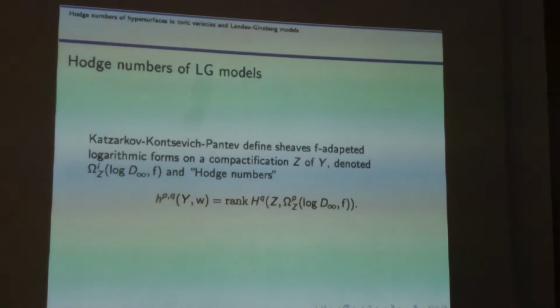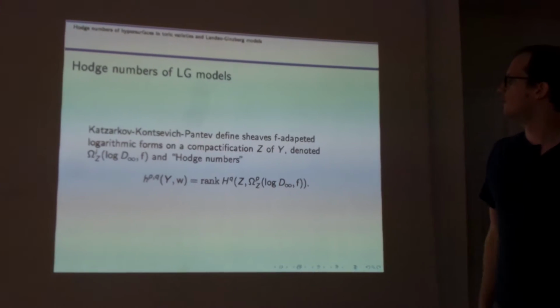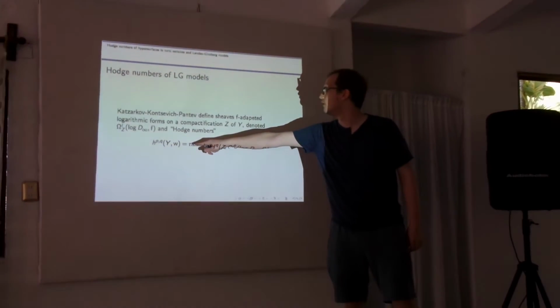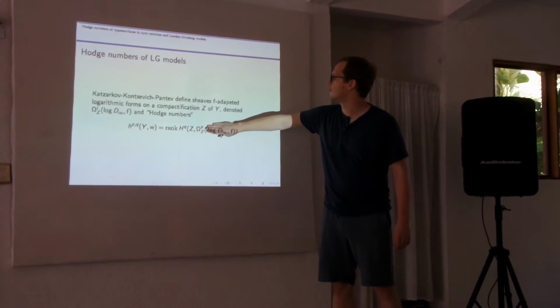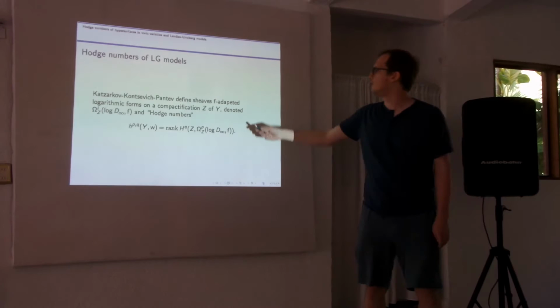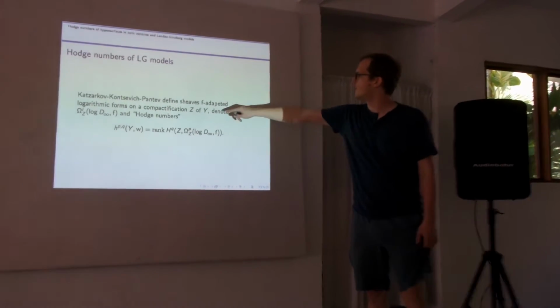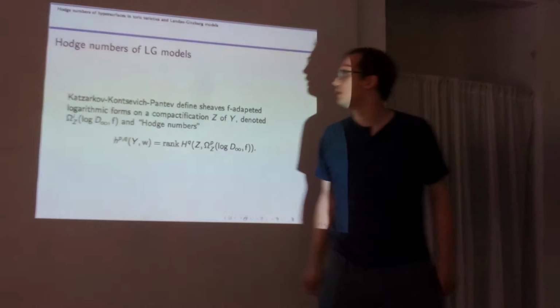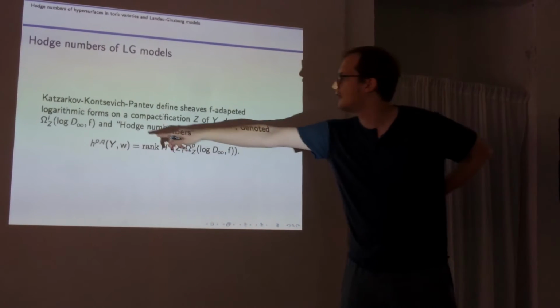And the Hodge numbers of these are just ranks of cohomology of these sheaves, in the same sense that the Hodge numbers of any variety are defined. So this is just a subsheaf of the sheaf of logarithmic forms with logarithmic poles at infinity.